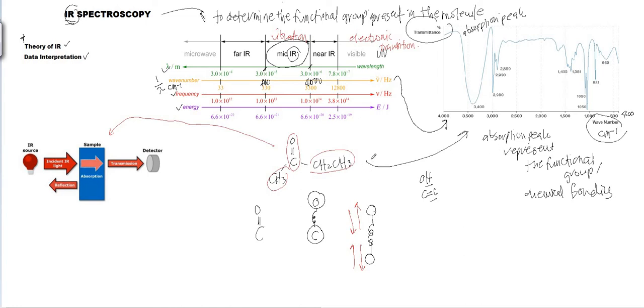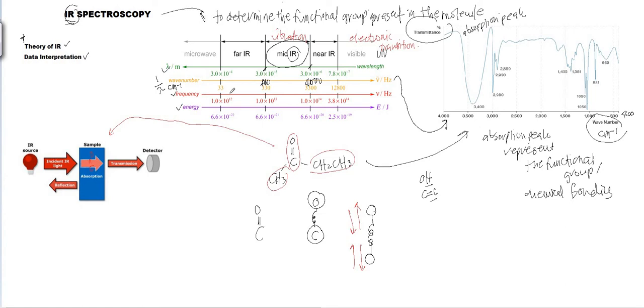Okay, so when you put, for example, this molecule into this sample holder, your sample will be here. For example, we want to focus more on the C double bond O. So like I already mentioned, each bond has its own frequency to vibrate. Okay, this is an example.